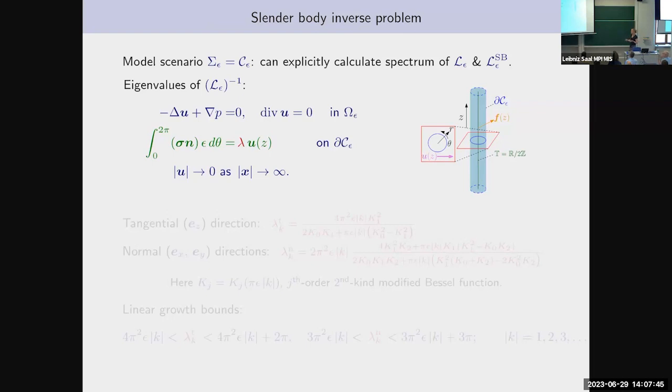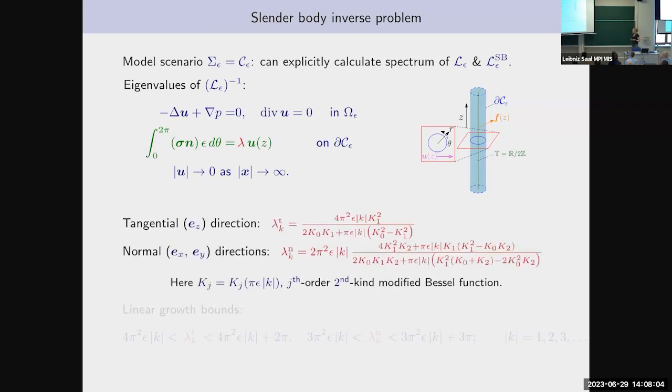All right, so starting with the PDE version, right? So we're looking for the eigenvalues of this problem here, right? So lambda satisfying, force density along the straight periodic filament equals lambda times filament velocity. And this can be solved explicitly. It decouples into the tangential direction along the filament and then the directions normal to the filament.